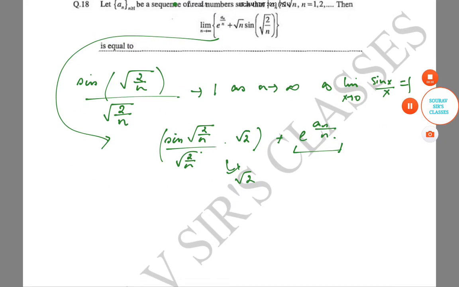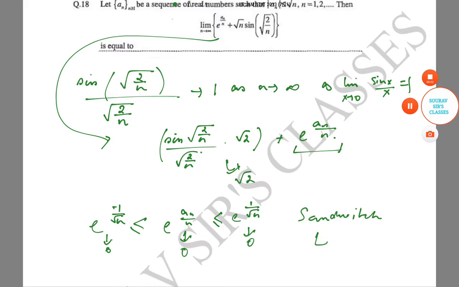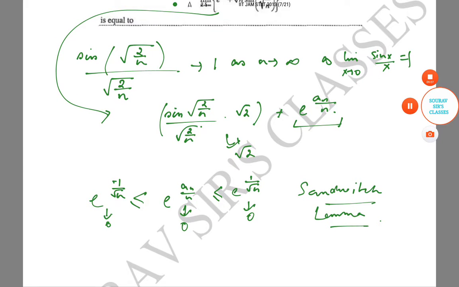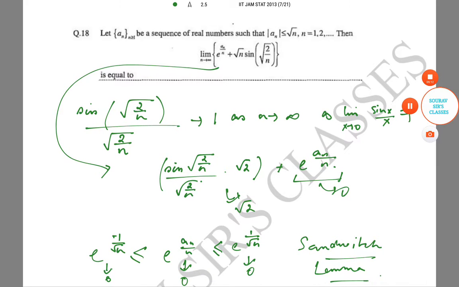Now e to the power an by n is less than or equal to e to the power 1 by root n, and greater than or equal to e to the power minus 1 by root n. So both bounds go to 0, which implies this goes to 0 by the sandwich theorem, and we get that this term goes to 0. So this entire limit is equal to root 2.